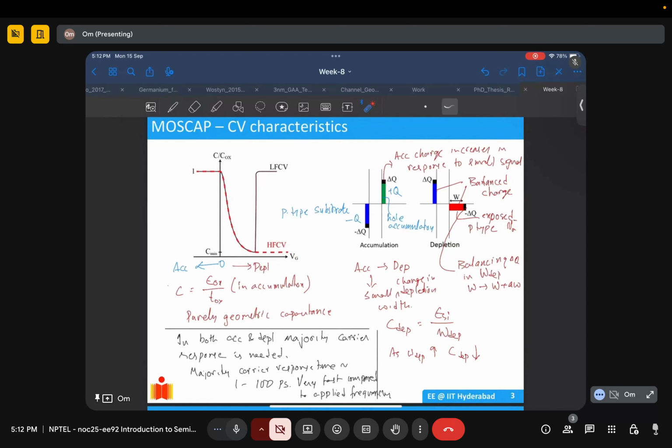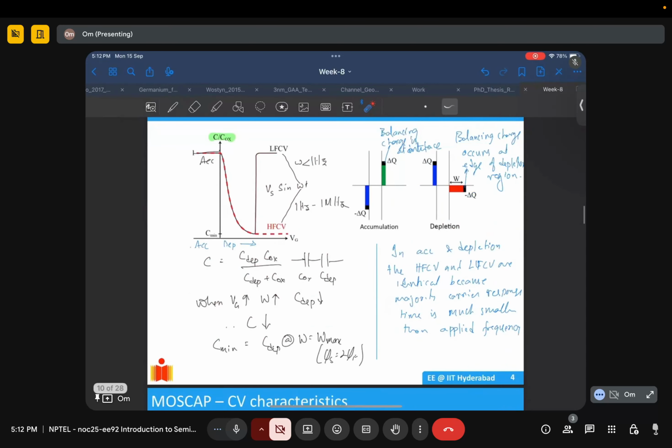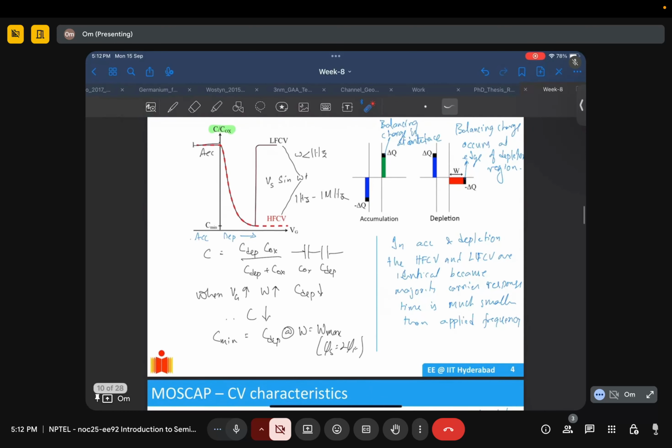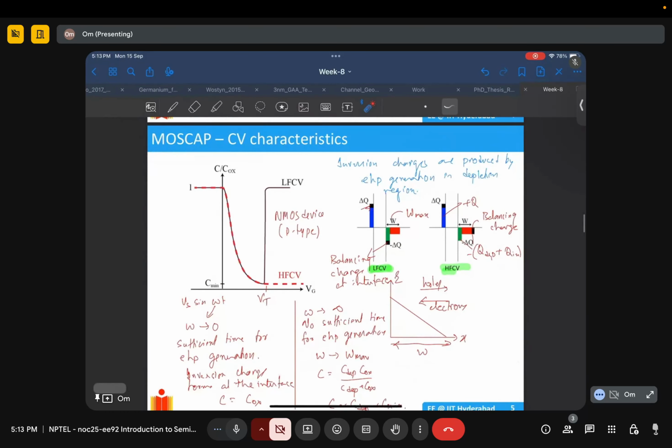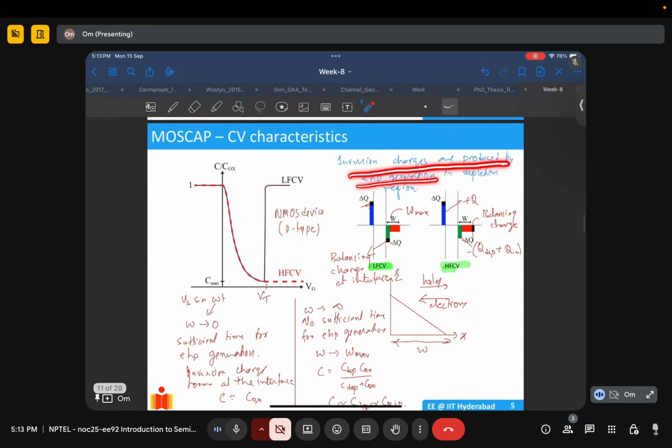So what happens is the majority carrier response time is 1 to 100 picosecond, very fast compared to the applied frequency. Inversion charges are produced by electron hole pair generation in the depletion region.